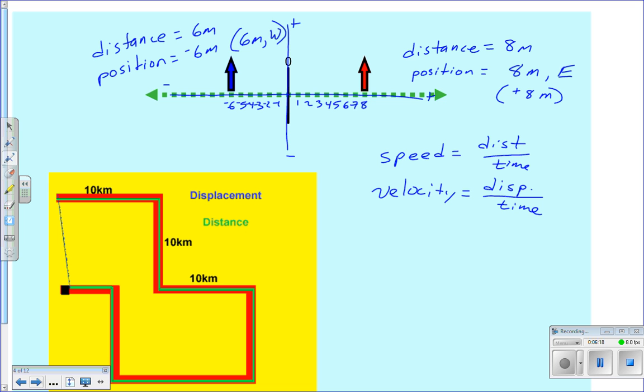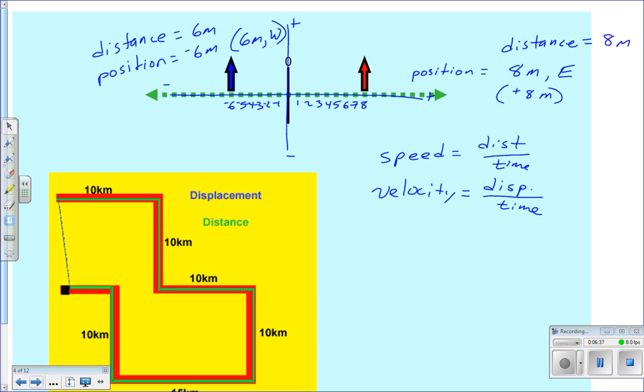So what's the difference between distance and displacement? Displacement is an object's change in position from where it started.